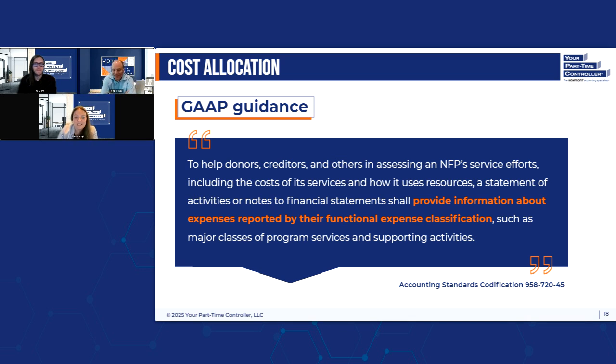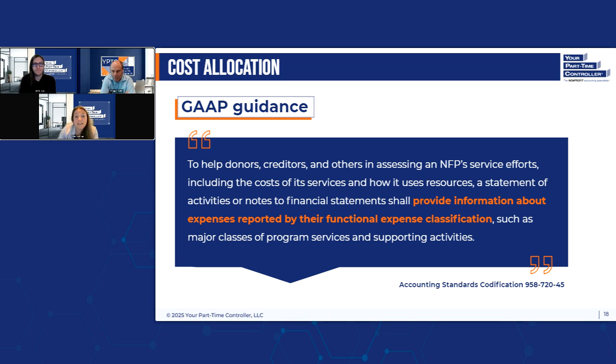And what it says is, to help your donors, creditors, and others in assessing a nonprofit's service efforts, including the cost of its service and how it uses its resources, a statement of activities or notes to the financial statements shall provide information about expenses reported by their functional expense classification, such as major classes of program services and supporting activities. So GAAP is pretty clear on what we have to do, which again is why it's important.